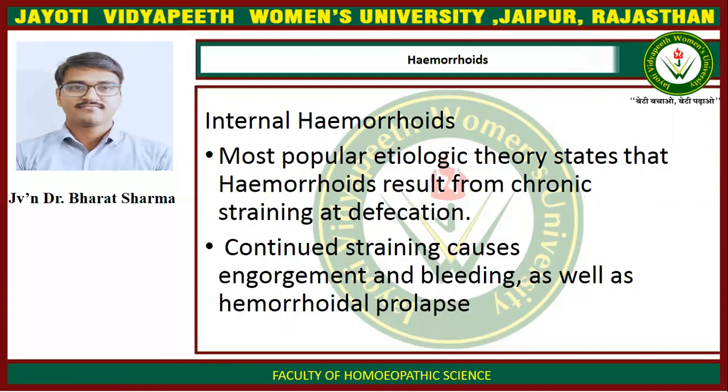So the most important reason to develop internal hemorrhoids is chronic straining at defecation, which also occurs due to chronic constipation, and constipation is known to be the most important cause for developing hemorrhoids. Due to chronic constipation, the patient strains at defecation and it results in internal hemorrhoids.